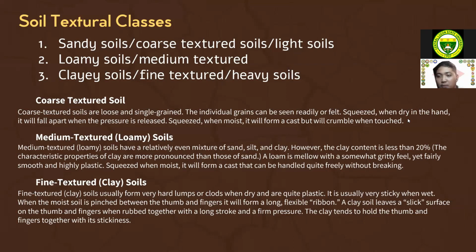Like for example, di ba pag bumubuo tayo ng sandcastle sa beach. So it forms a cast but once touched, maka-crumble agad or mawawala agad yung shape niya kung paano mo siya finorm. Kasi it has very low yung tinatawag nating cohesion.